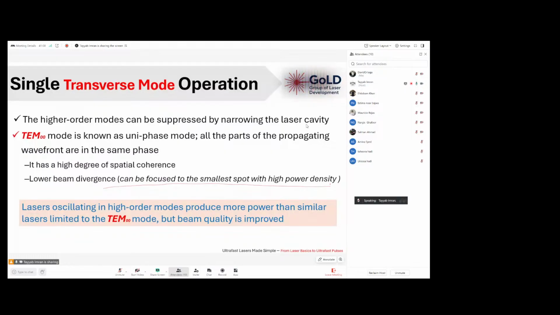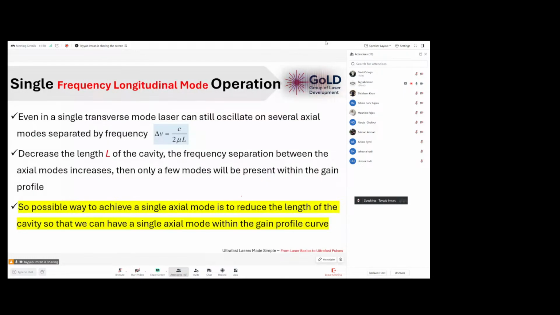With higher modes you have higher energy, but you don't have a nice profile, or you can say the beam quality will not be good, or will not be suitable for certain kinds of applications. Okay, these were the transverse modes.